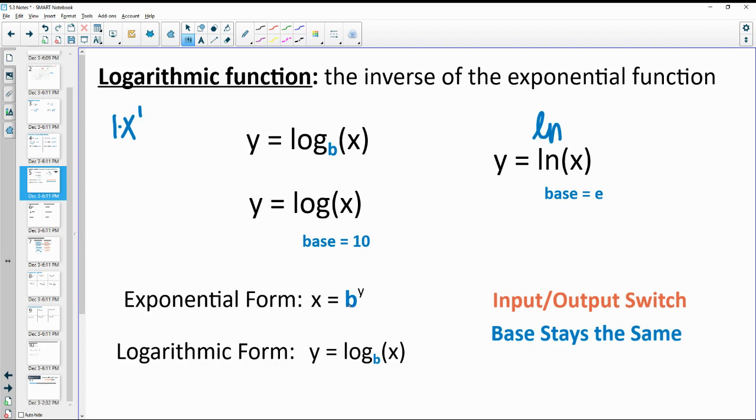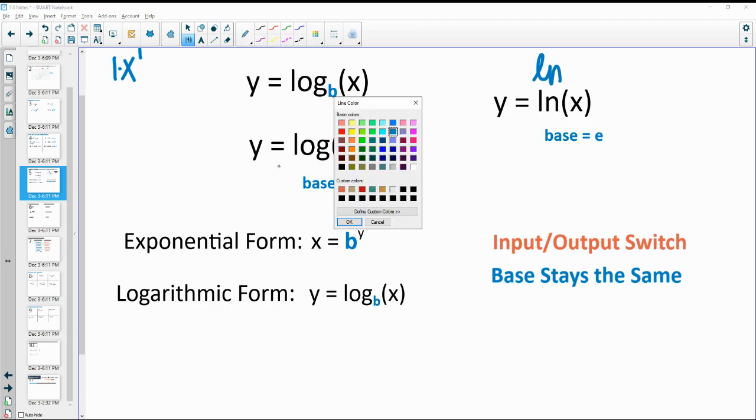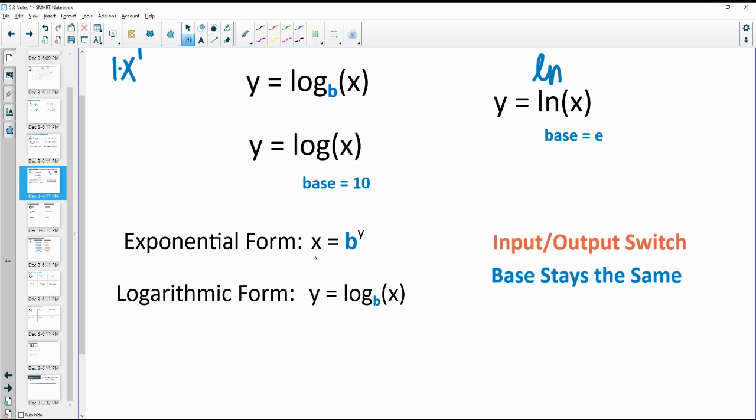Okay, so this is going to be where you have something equals a base to an exponent. In this case, I just have it as x equals b to the y. So then the logarithmic form that goes with that, and we're going to practice rewriting in logarithmic and exponential form. But to undo this base, we would have a log base b, and then we switch the input and the output since they're inverses of each other.